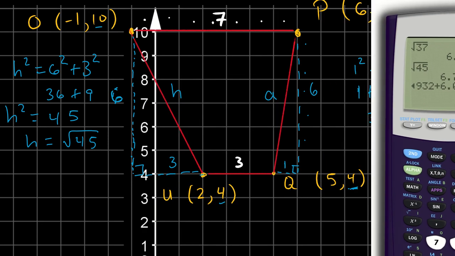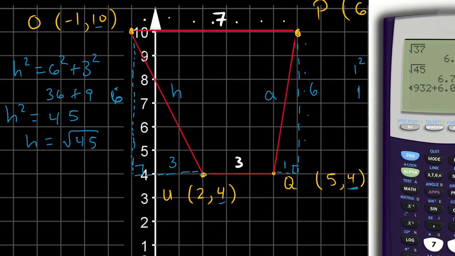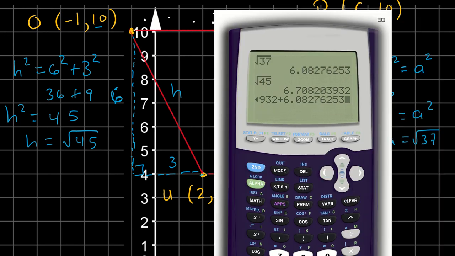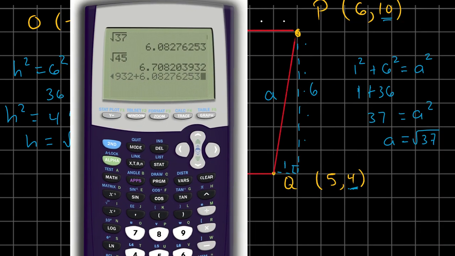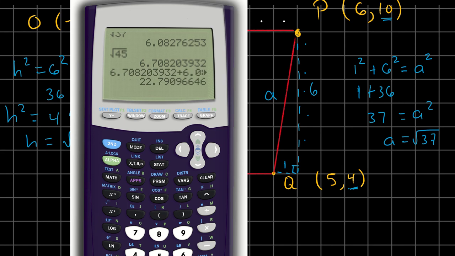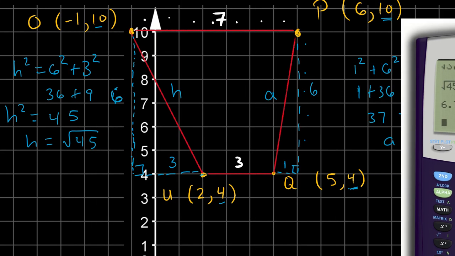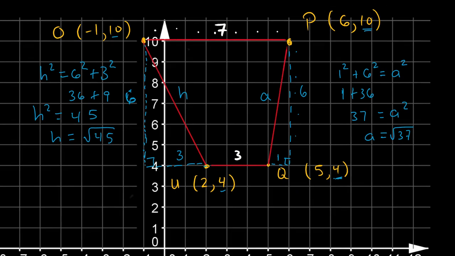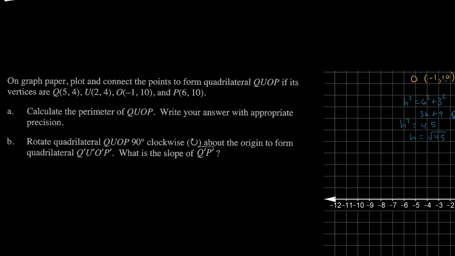And then to that, we need to add 10, right? Because we had 7 along OP and 3 along UQ. So plus 10, and we get 22.79. So if I was going to round that to appropriate units for the context of this problem, I'm going to round that to just 23. So I'm going to say the perimeter is 23 units. We'll come over here.